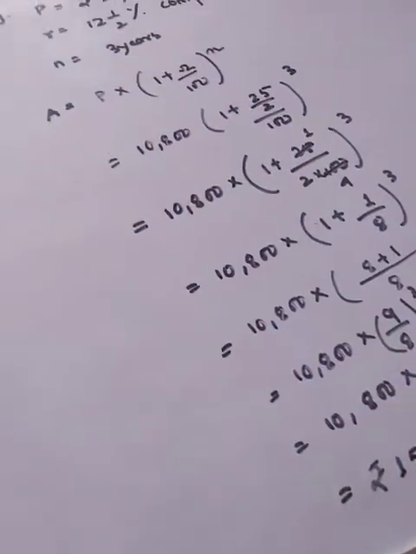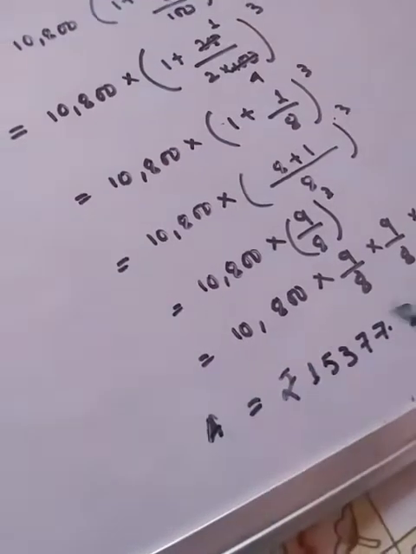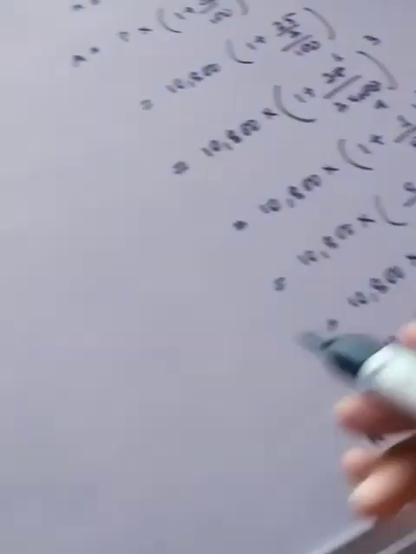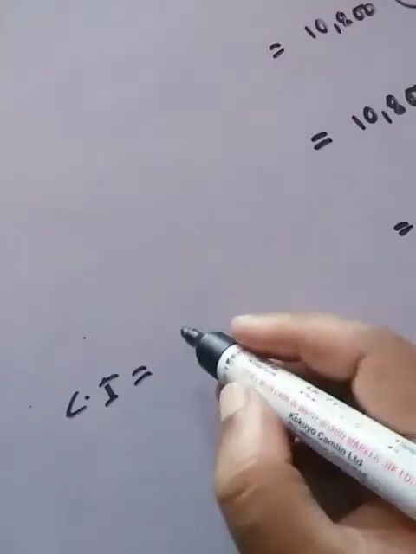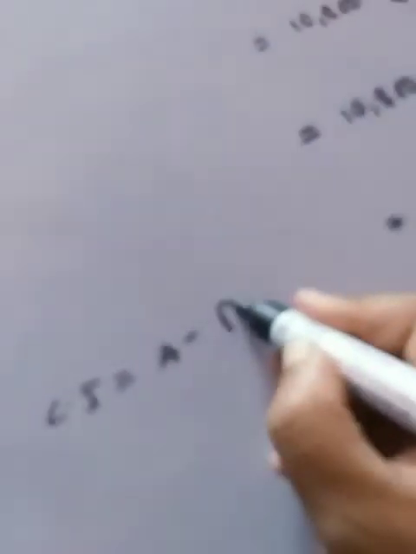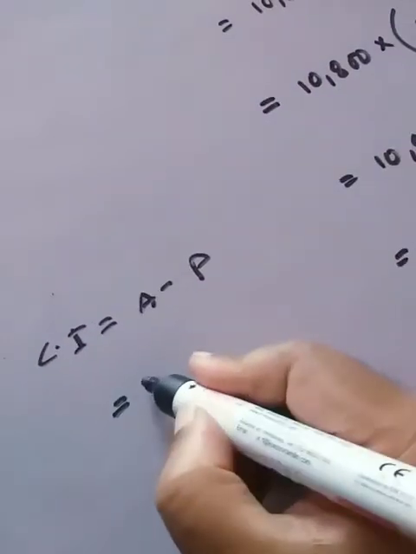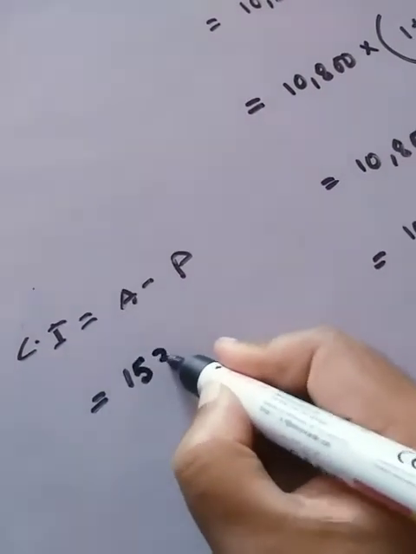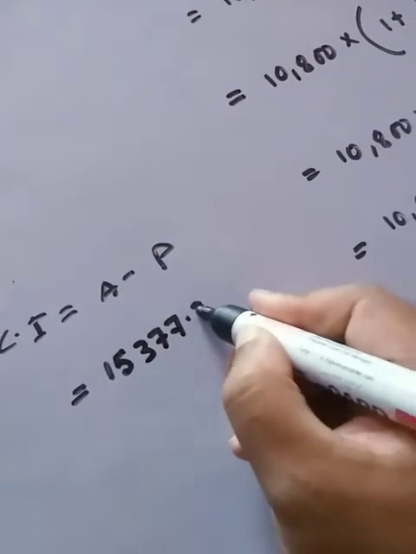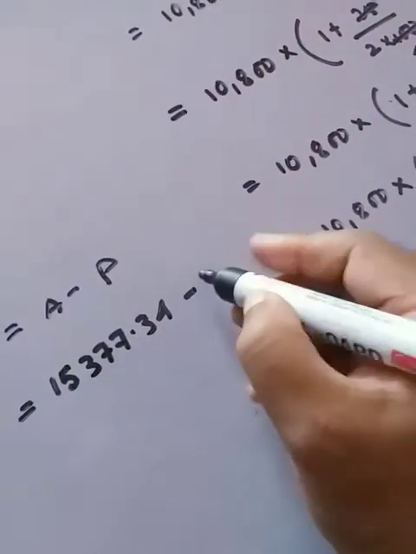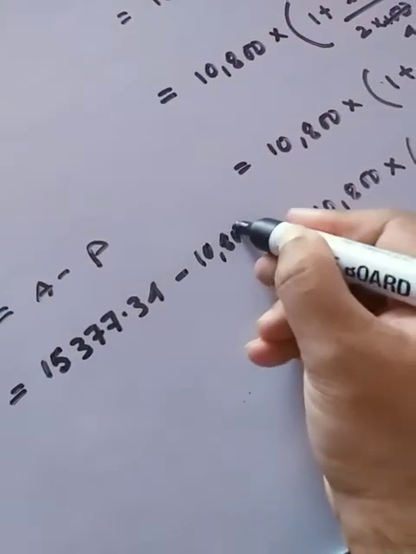Now this is the amount, but we also have to find the compound interest. Compound interest equals amount minus principal. The amount was 15377.34 and the principal was 10,800.